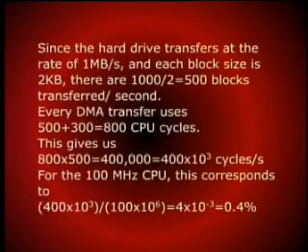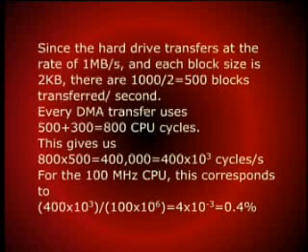Since the hard drive transfers at 1 megabyte per second and each block size is 2 kilobytes, there are 1000 divided by 2, which is 500 blocks transferred per second. Every DMA transfer uses 500 plus 300, that is 800 CPU cycles. The 300 is at the end, where the interrupt would give back or grant release signal to the CPU.